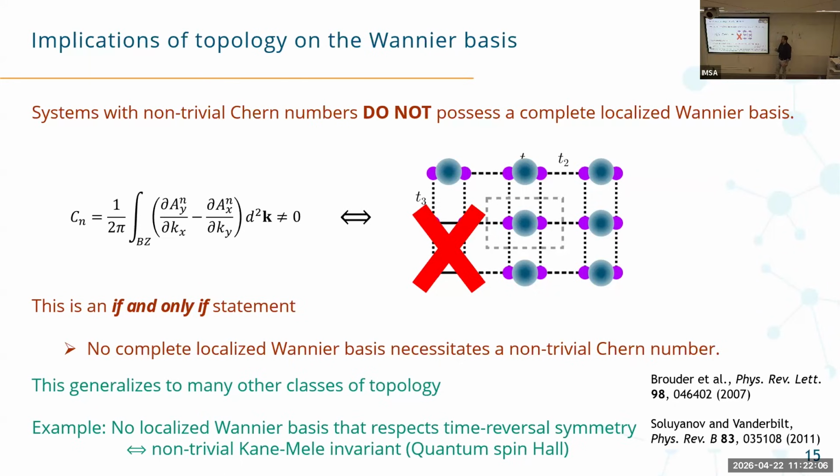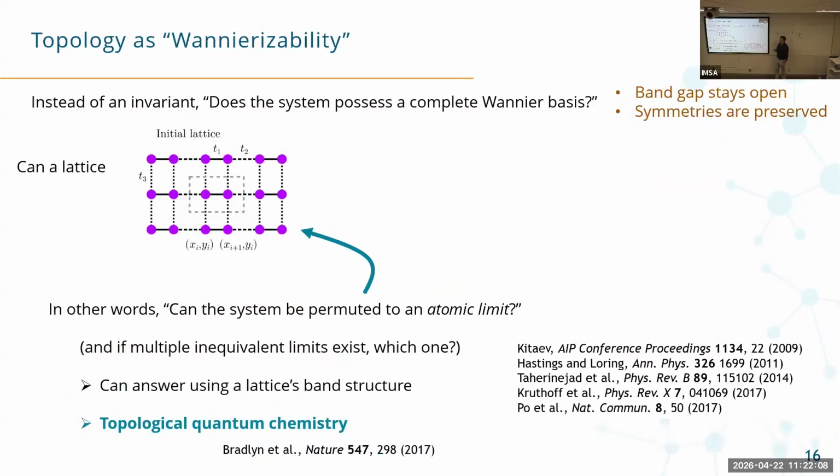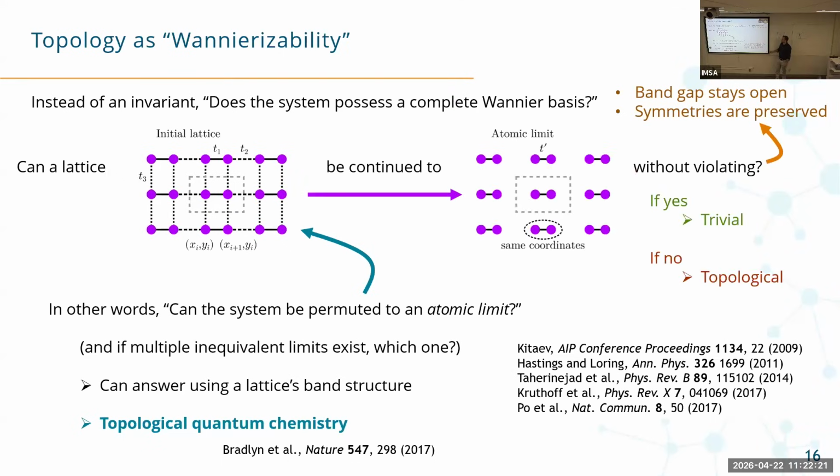This observation gives rise to Andrei Bernevig and his co-authors' development of topological quantum chemistry, this reframing of find Wannier centers, then talk about invariants. This is the idea that they use: you have an initial material, you're asking, can I chop it up into an atomic limit, i.e., can I chop it up into some system where I'm guaranteed to have this localized Wannier basis that respects all material symmetries?